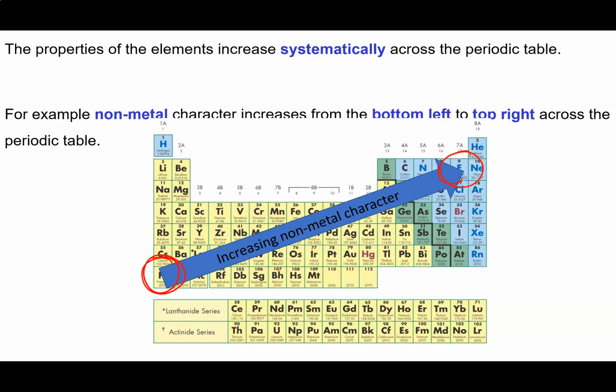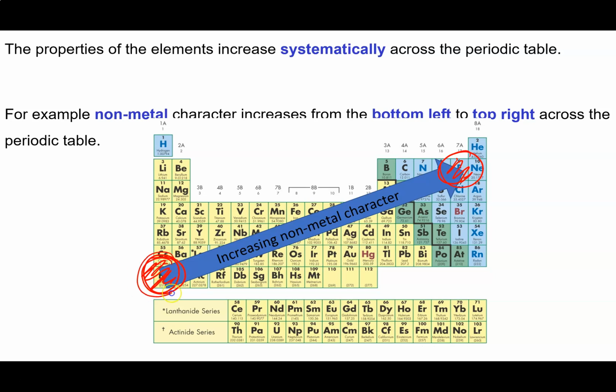So these guys down here do all of the stereotypical things that metals do, and these guys up here do all of the stereotypical things that non-metals do. And then there's a gradation in their properties as we move from bottom left to top right. So these are the most non-metal, and these are the most metal.